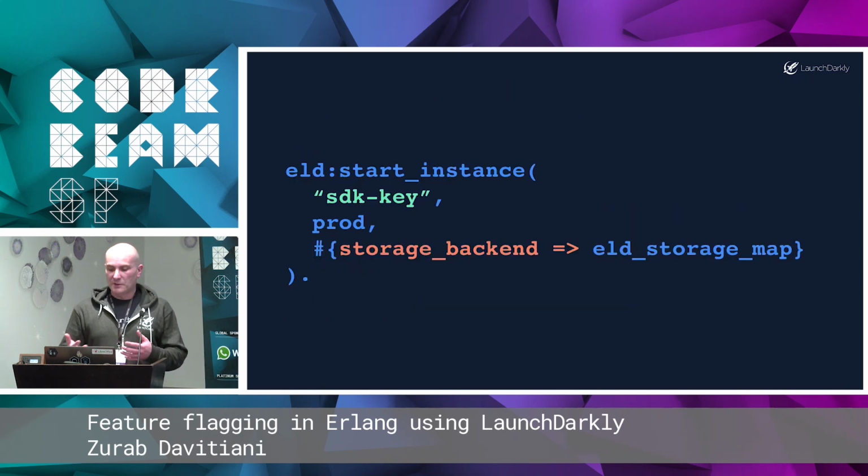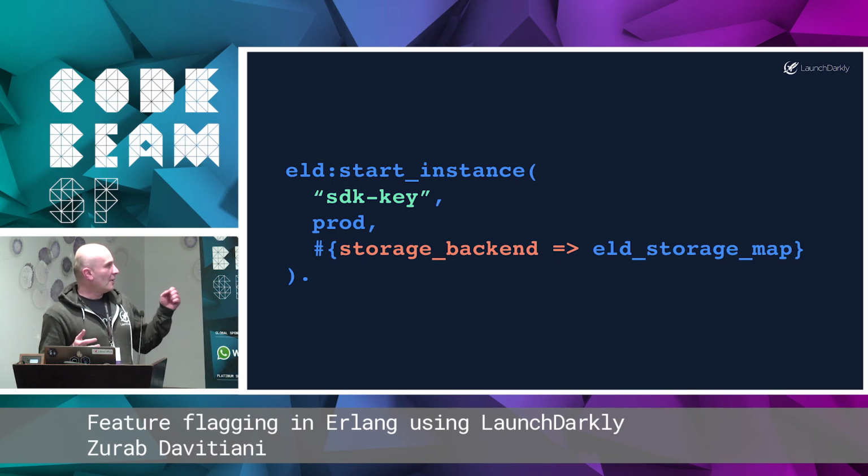And then, given this, now to start an instance with all the optional parameters, we can give that initialization function call another reference, in this case prod, to start that instance.